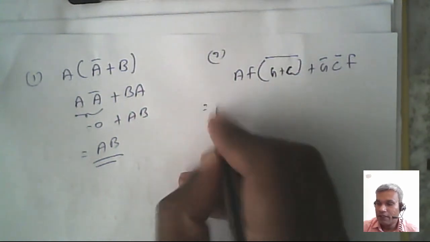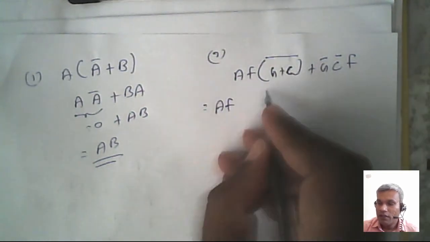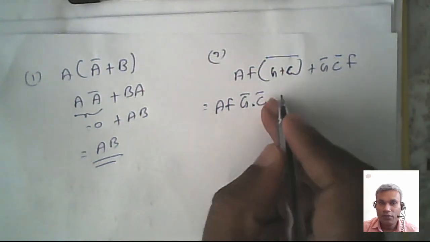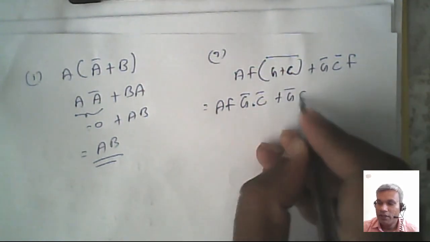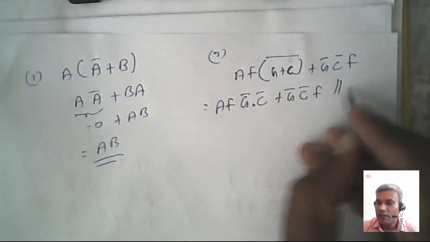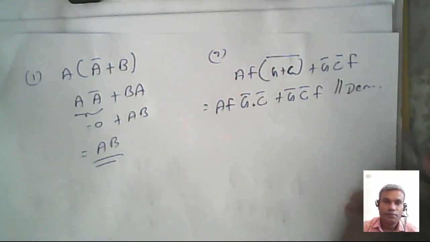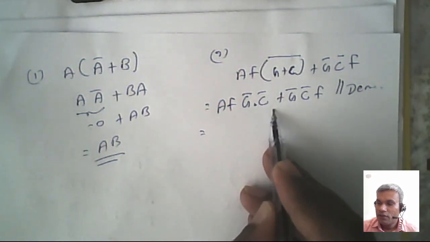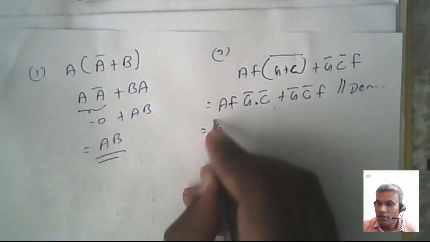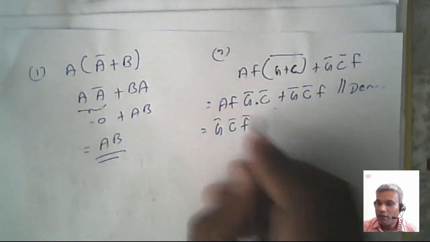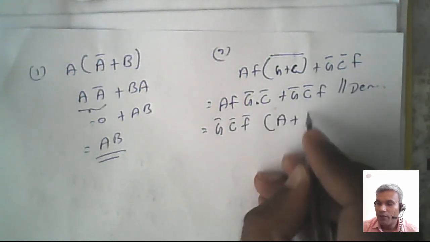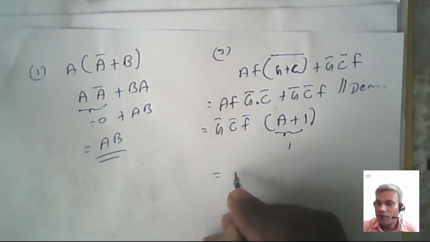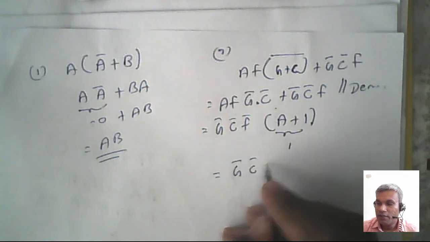So you can say F, instead of this, I can say G bar dot C bar using De Morgan's law, plus G bar C bar F. There are some common terms here. So you can take this common term G bar, C bar, F bar. So you will end up with A plus 1. This becomes 1. Therefore, the answer becomes G bar, C bar, F bar.